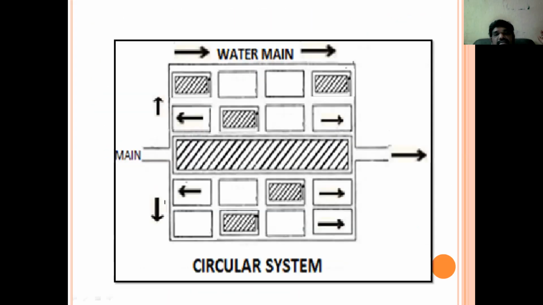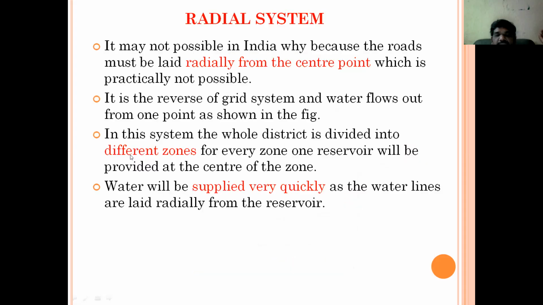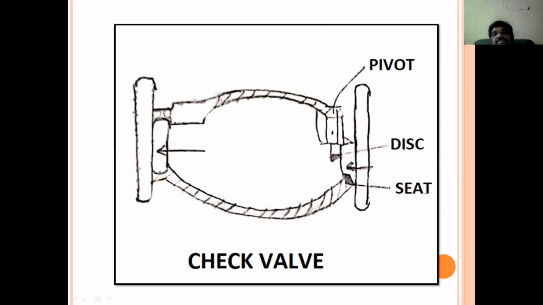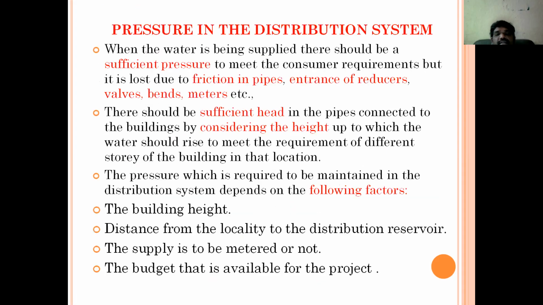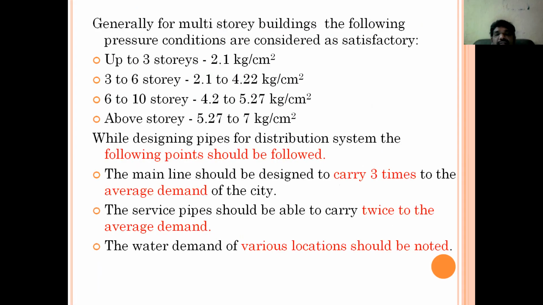This is the main line. The main pipeline must be selected in such a way that it can carry 3 times the average demand of the city.